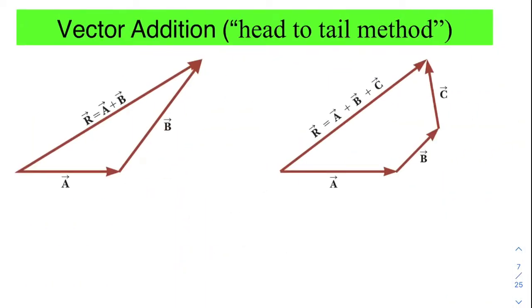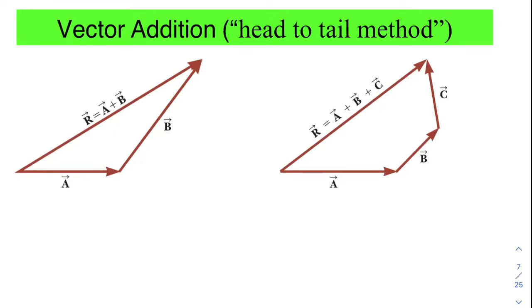Okay, vector addition. This one is the head to tail method. This is a drawing method actually. Even if you are not familiar, you can just sketch how to do this head to tail method. It's just a drawing or sketching technique.